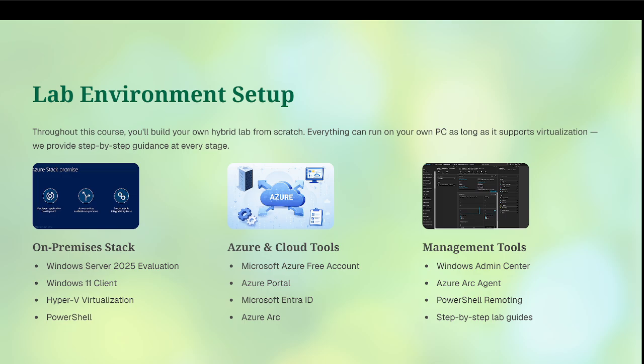To run our lab machines, we will use Microsoft Hyper-V. Hyper-V allows us to create virtual machines on our local computer. Our lab may include virtual machines such as domain controller, member server, Windows client. Using virtualization allows us to build an enterprise-style environment without needing multiple physical computers.